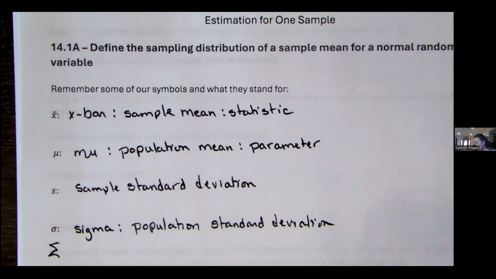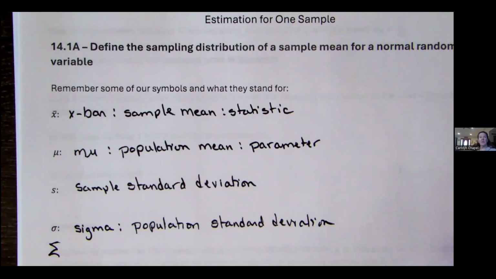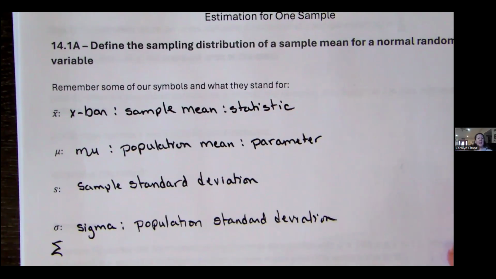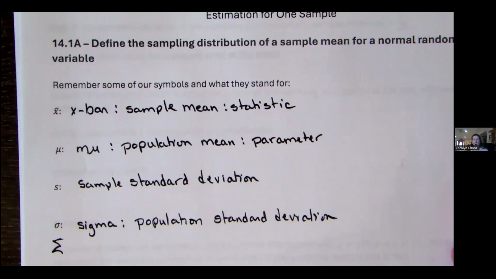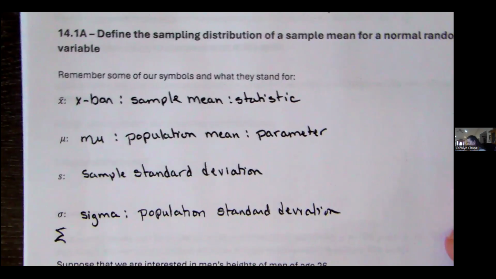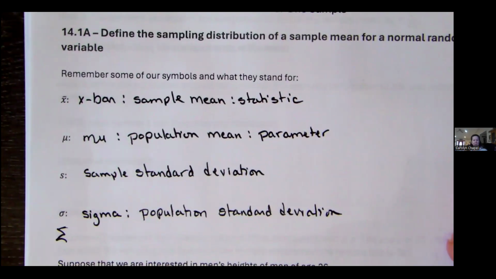Up until now, when we were looking at probabilities, we were just looking at the probability that a single person or a single item in our distribution was between two values, less than a value, or at a value in the case of a discrete. But what happens if we look at a group of people and we want to know something about their average?